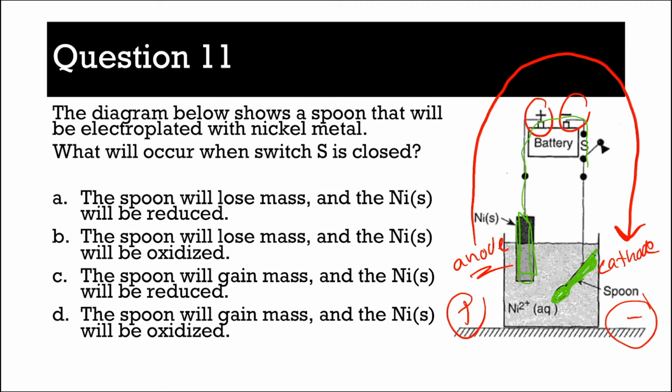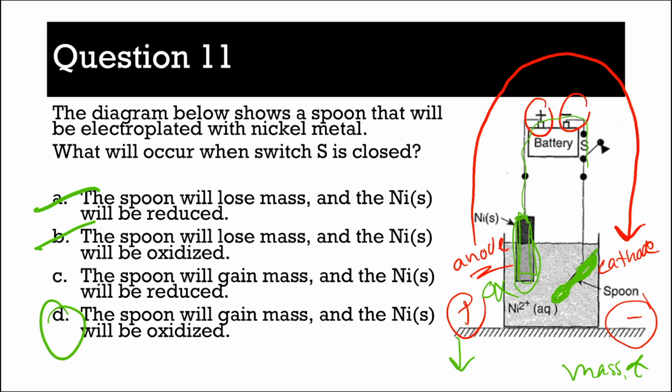So as the spoon gets coated more and more and more with these nickel ions, that means the spoon mass is going up, and then that means this electrode is decreasing in mass. So we're just talking about the spoon gains mass, so we can get rid of A and B. And then it says nickel will be reduced or oxidized. If nickel is the anode, that is going to be oxidized, and that makes it choice D.